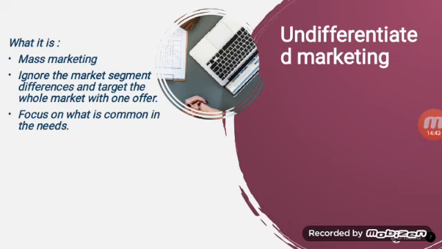Why? Because communication in undifferentiated marketing tends to be less personal. When you target the whole market, you need to use a bigger channel so that your product will reach more people, right or not?